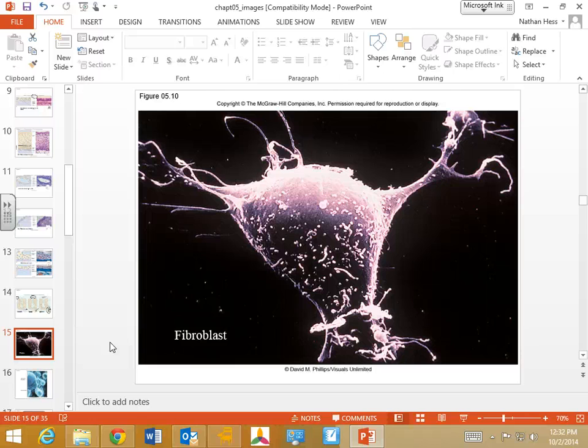So fibroblasts are producing this fibrous tissue, these fibers that are all over the connective tissue of your body. What's extracellular matrix? Extracellular matrix is kind of the in-between-the-cells stuff. There's a great piece on page 104 and 105 about extracellular matrix.